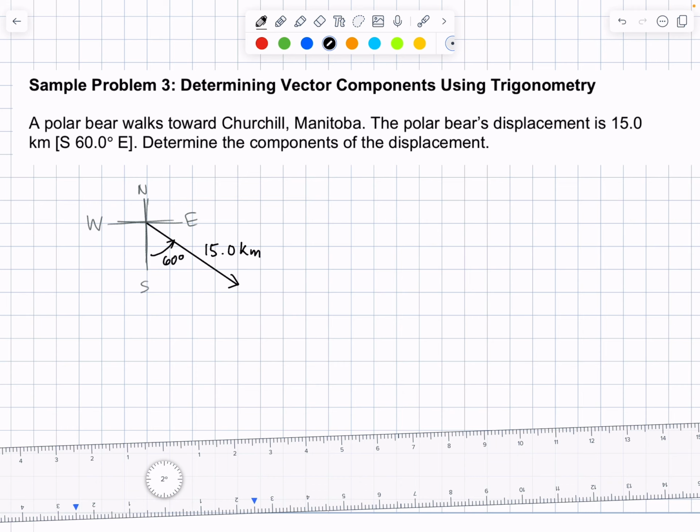I can break this up into two directed line segments, one here, which is the y component, and one here, which is the x component.